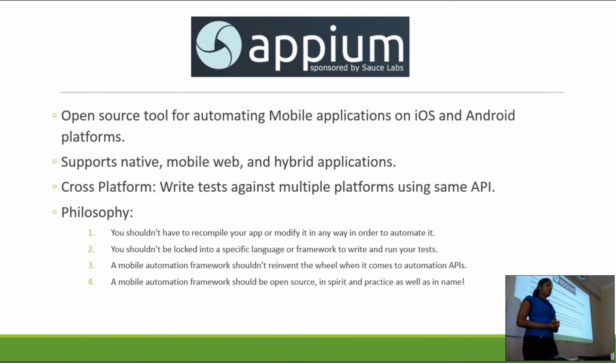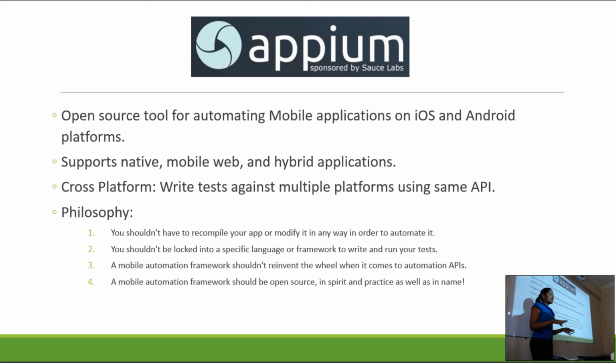Coming to Appium, this is actually by Sauce Labs. These are the guys who are sponsoring it, and the larger amount of development is done by them. I'm not sure what Appium means, but it is an open source tool for automating mobile applications on iOS and Android platforms.